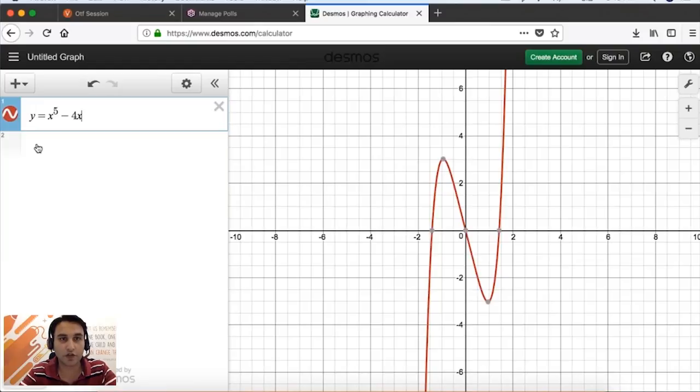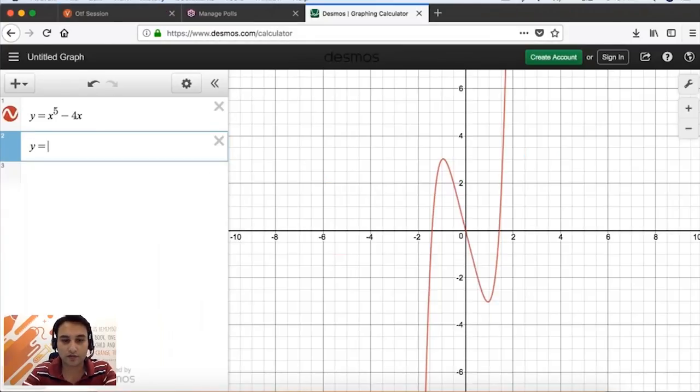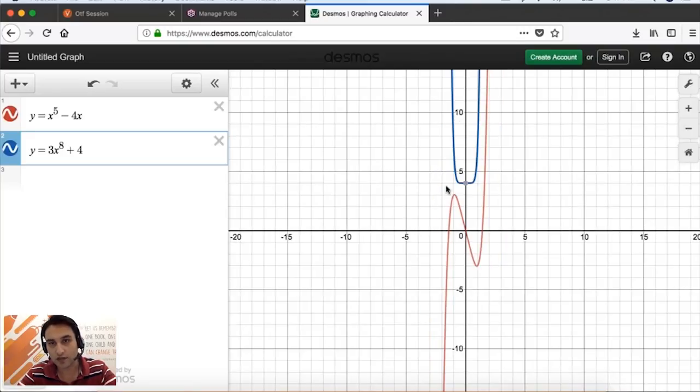But if we were to plot this graph, 3x squared plus 8, this you already know. See, this graph is symmetrical about the y-axis. So the blue graph is even, the red graph is odd. Alright?